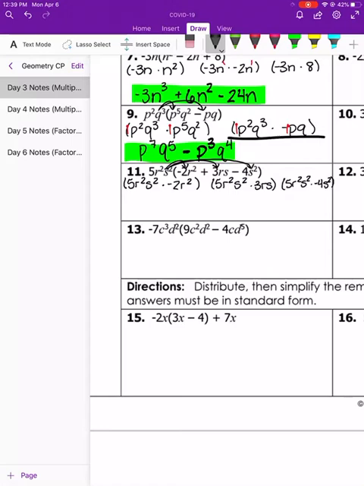Okay, so starting with this first one, 5 times negative 2 is a negative 10. R squared times r squared, 2 plus 2 is 4, so I'll get r to the fourth. And then I have s squared and I have no other s, so that's going to stay the same. That kind of looks like a 5, so I'm going to rewrite it.